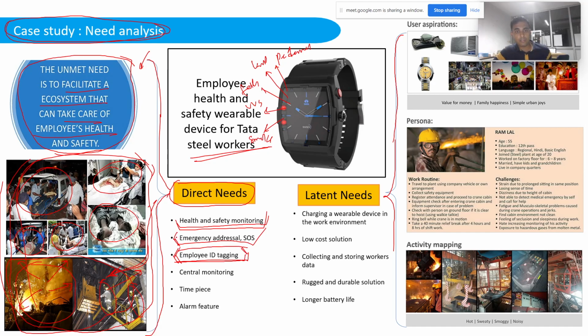That data should also be fed to the control room. It should have a central monitoring facility. It should also be used as a timepiece, and it should have alarm features. All these requirements we gathered from direct field visits and observations.